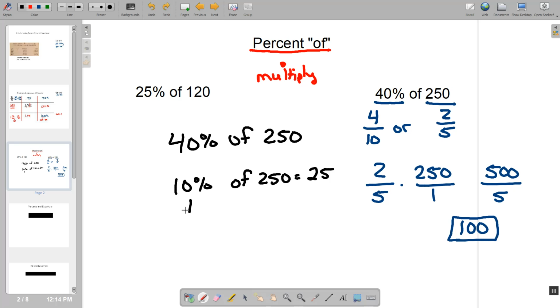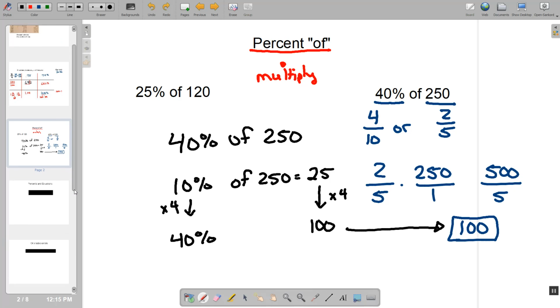But then, if I'm going from 10% to 40%, I hope that you know you're multiplying by 4. Therefore, if I take 25 times 4, I end up getting the same answer again. Once again, if any of this is new, let me know.